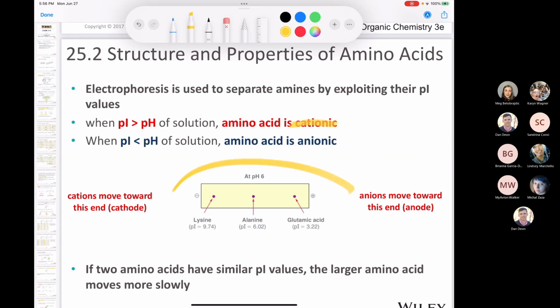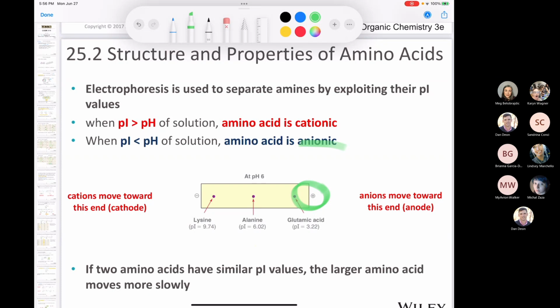If you put it in some kind of vessel where you have a cathode and an anode, if it's cationic, it's going to drift towards the cathode, right? Because it's positively charged, it's going to drift towards the negative end. Conversely, if you have an amino acid that has an isoelectric point that's lower than the pH, that means the pH is higher than its isoelectric point. That means it's going to exist as an anion. In that case, it's going to drift towards the anode, the positively charged end.